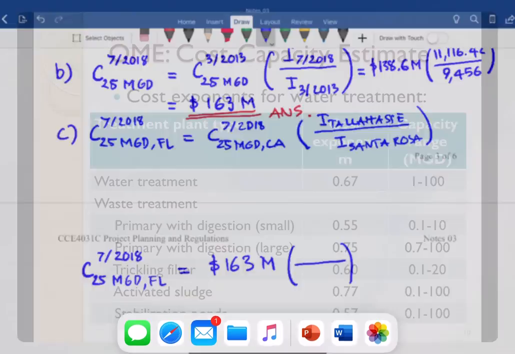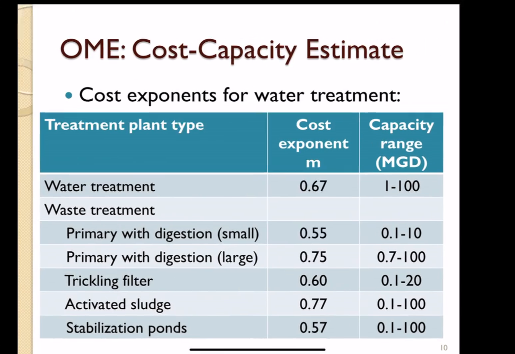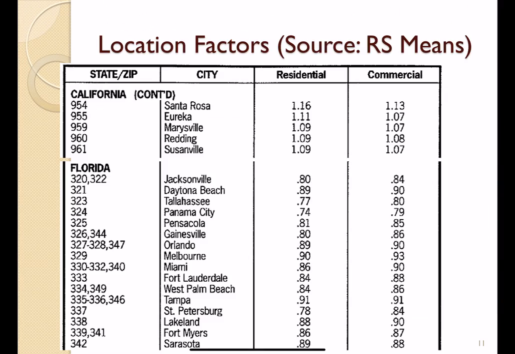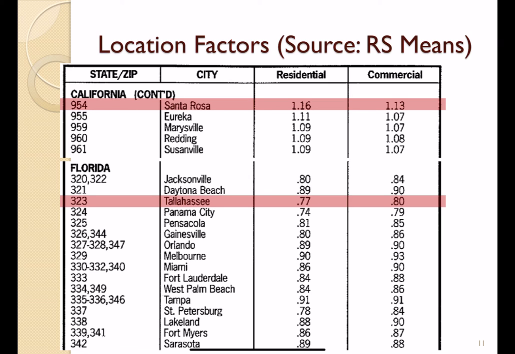So go back to the reference. That is the location factor that you see, and that is Santa Rosa. For commercial, in this case the water treatment plant, the factor is 1.13. For Tallahassee, it's 0.8. What does that mean? If you build the project in Florida, it tends to be much cheaper, maybe 30% cheaper.